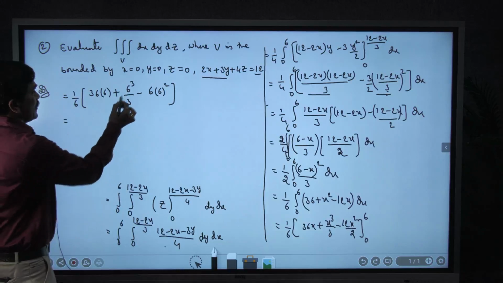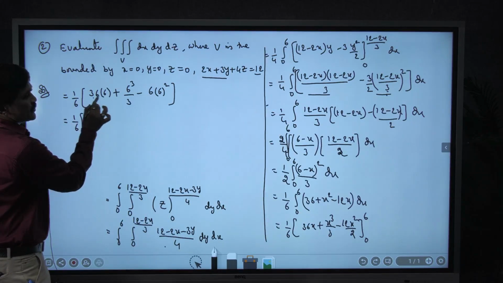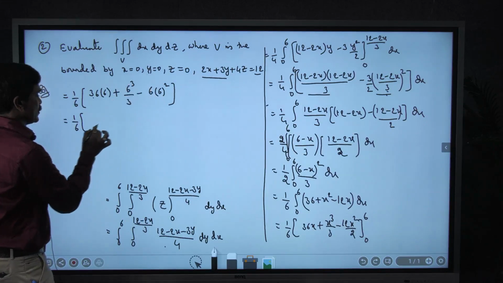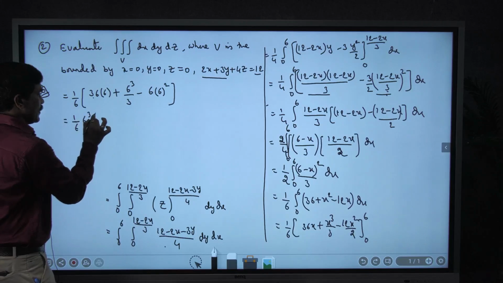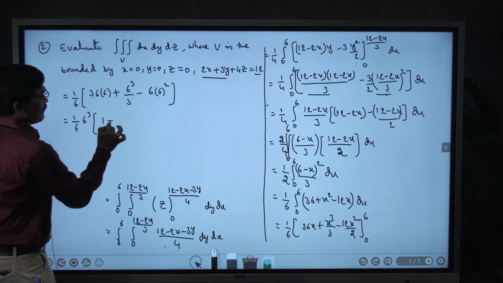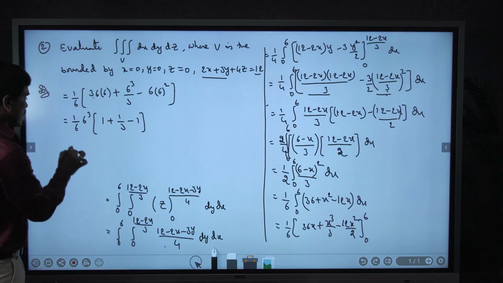Finally 1 by 6, here 6 cube, totally 6 cube is constant, a common value. So what is remaining? 1 plus 1 by 3 minus 1, right?